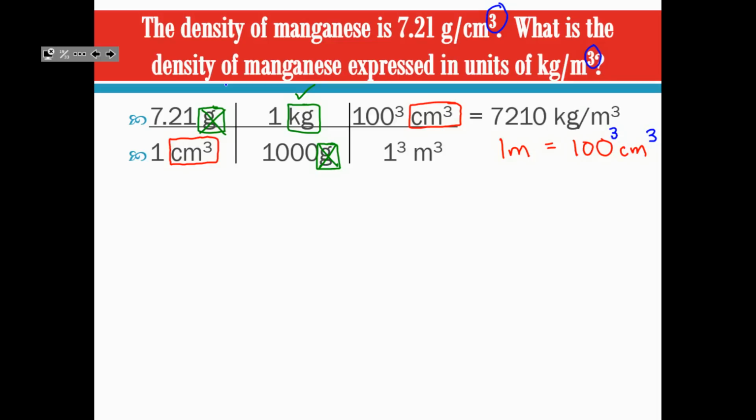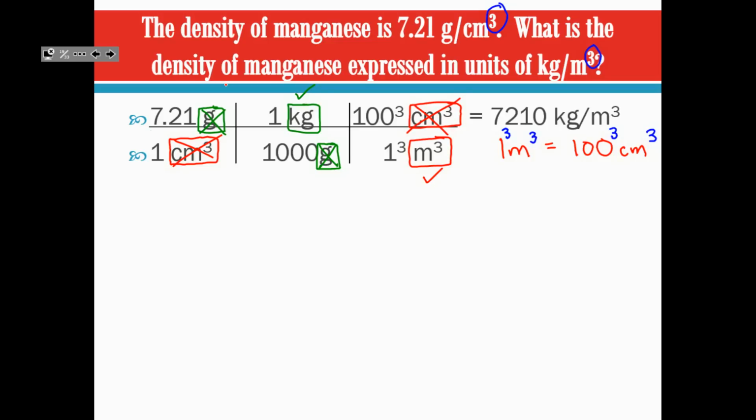So I would have to do 100 cubed in the calculator. Meters, because I did that one, I also have to cube meters, which would cube this 1, which of course 1 cubed is still 1, but that's okay. So just make sure you're paying attention to the units. Centimeters cubed will cancel. I'm left with meters cubed on the bottom, which is what I wanted.